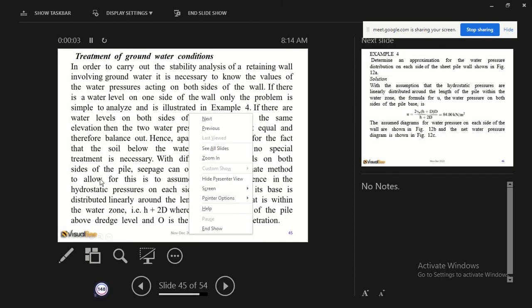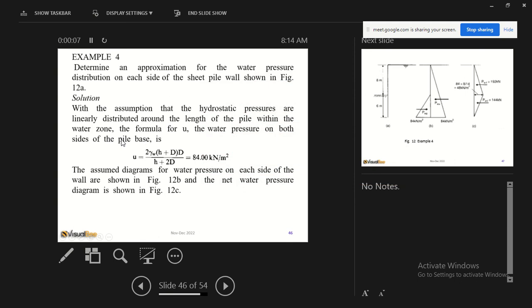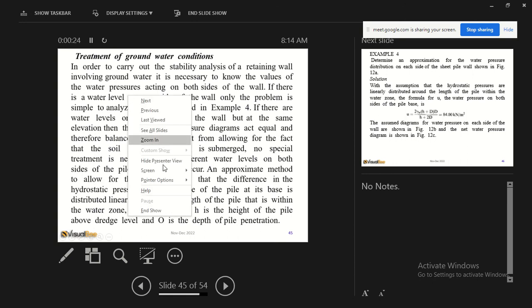Hence, apart from the fact that the soil below the water is submerged, no special treatment is necessary. With different water levels on both sides of the pile, seepage can occur.